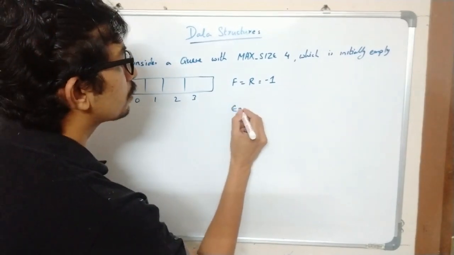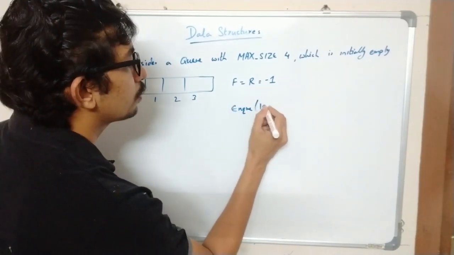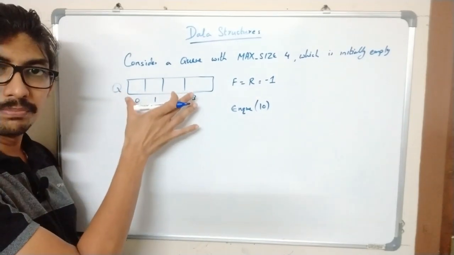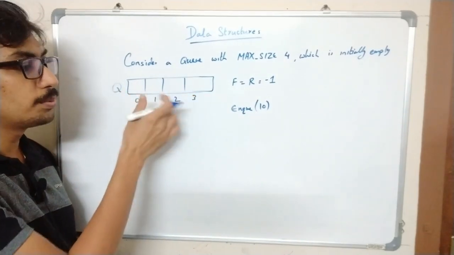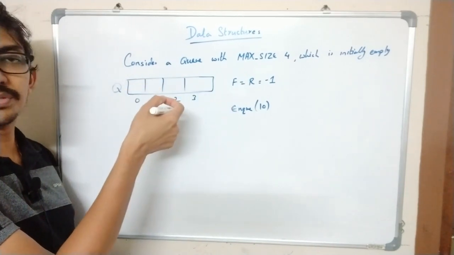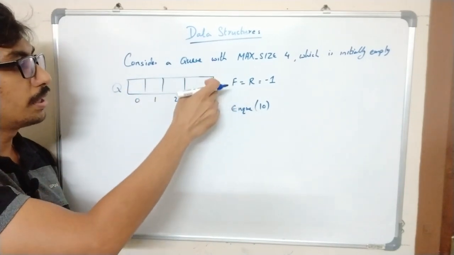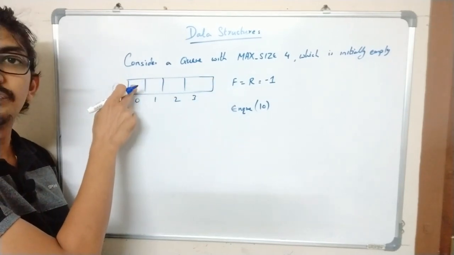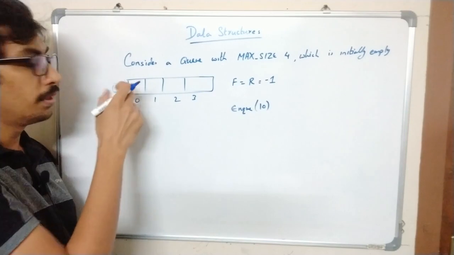Suppose we are trying to NQ a new element 10. The queue is empty, and a new element is arriving. Where will it stand? It will enter through the rear end, and it will go and stand at the first position. Okay.